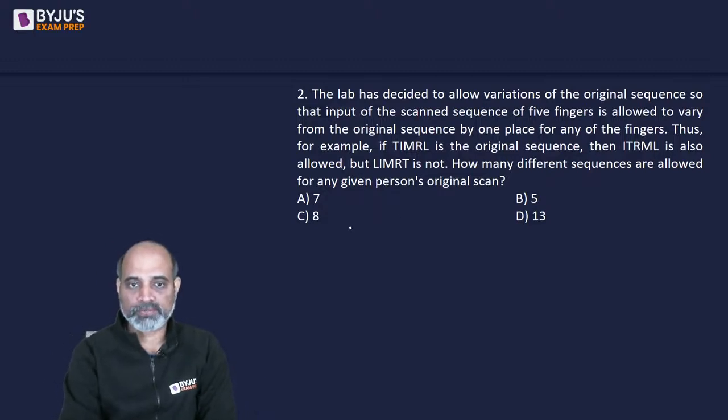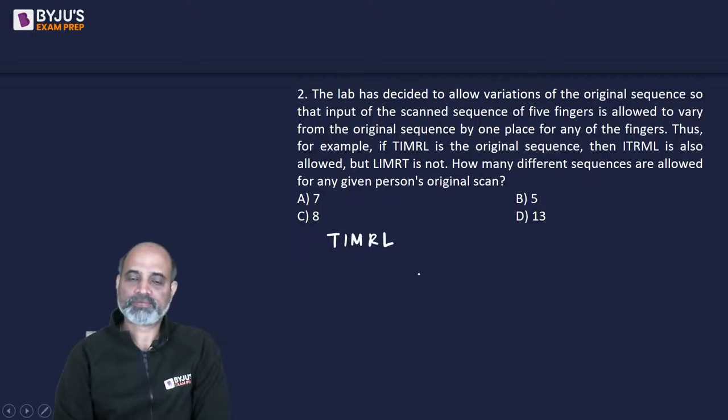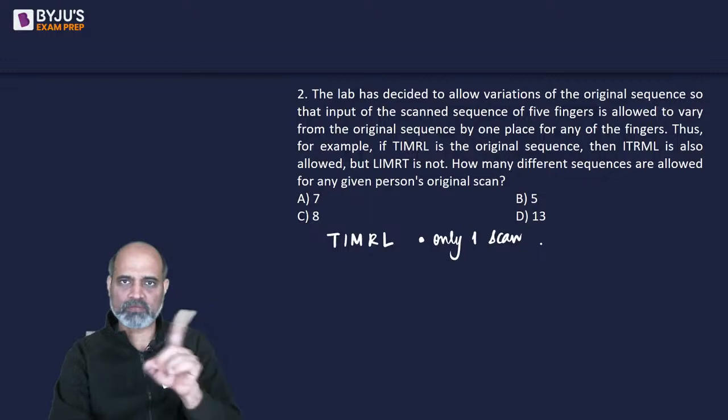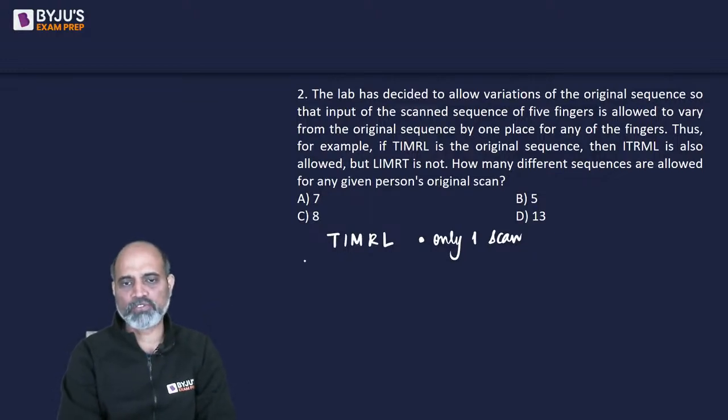So we have, suppose, TIMRL. ठीक है? तो अभी एक काम करेंगे. We will take the case where only one scan moves. Okay, one scan is going to move. So I can move I, right?